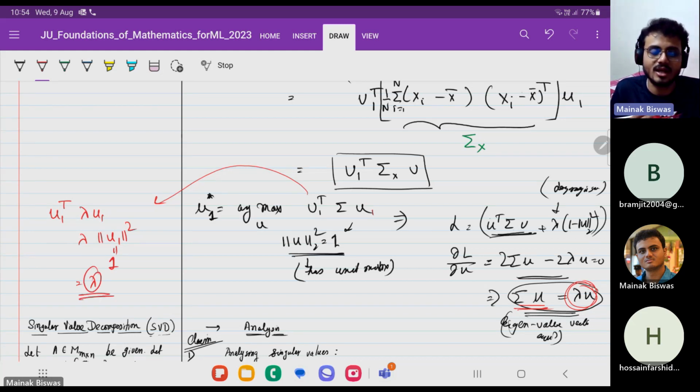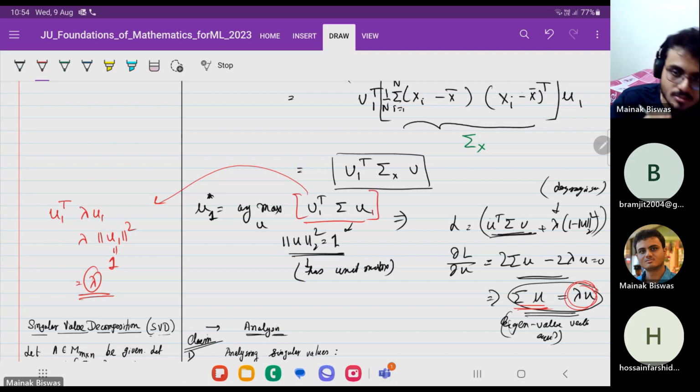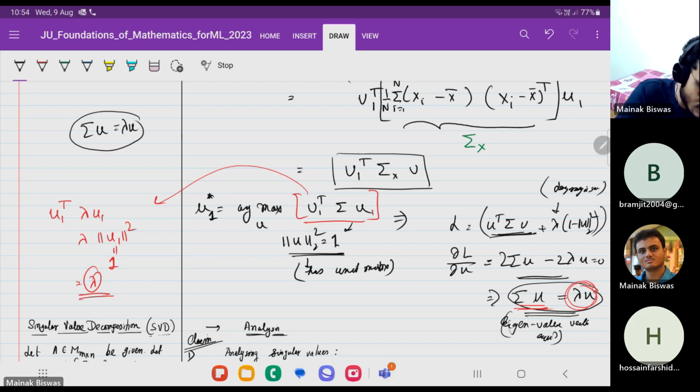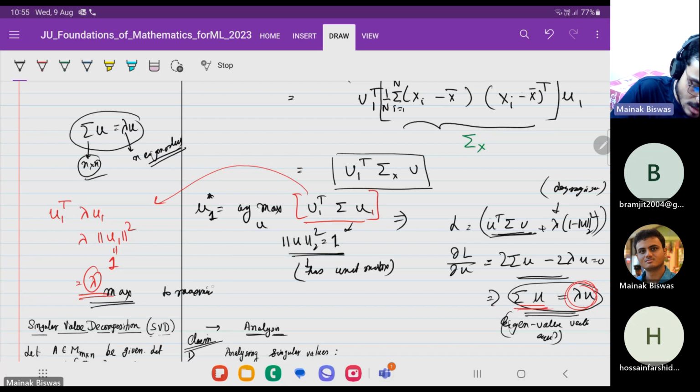Which lambda will I select to get the maximum value for this? For an n by n matrix, how many lambdas do I have? How many eigenvalues? N eigenvalues. So I will select the maximum eigenvalue. I will definitely select lambda max to maximize the objective.